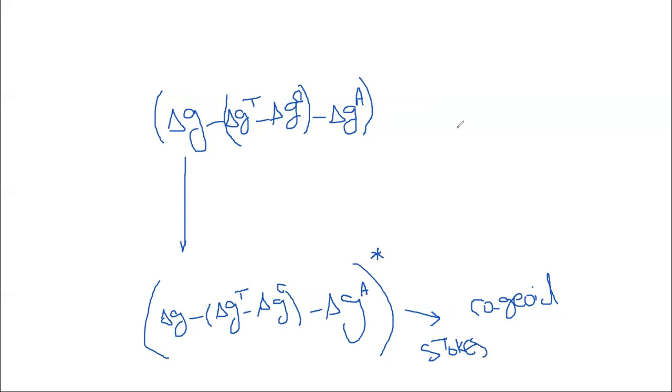And here you will add the corrections to the cogeoid, the corrections of the topography and compensation, and you will add this: the topographic effect minus compensation minus atmospheric effect.